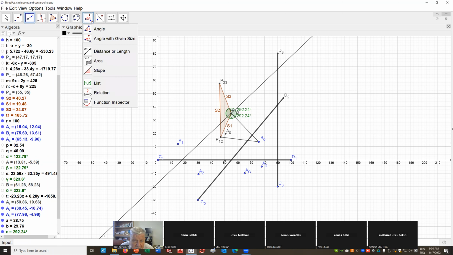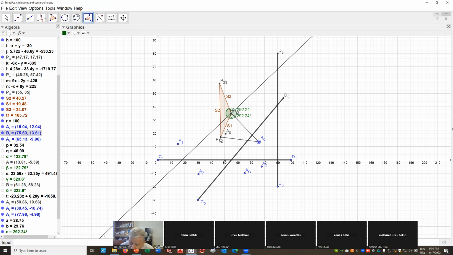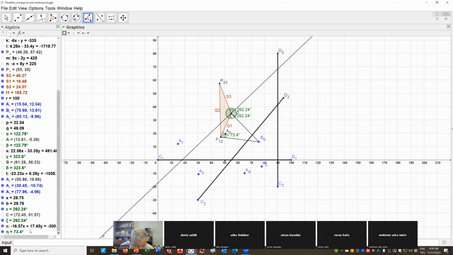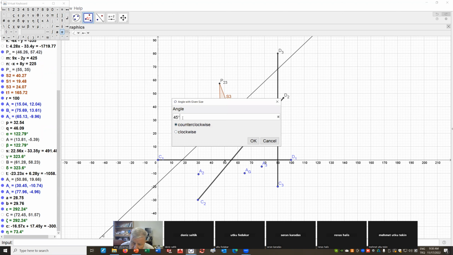Similarly, B0, P12, P23 is angle eta. The angle made by the other side, P23, P12.